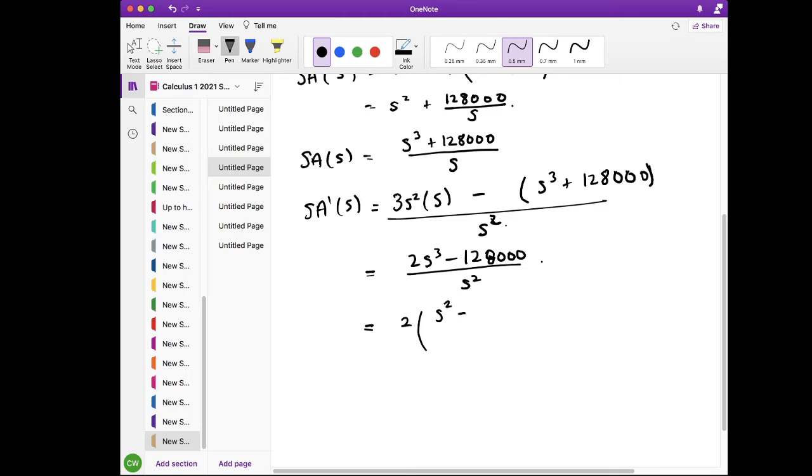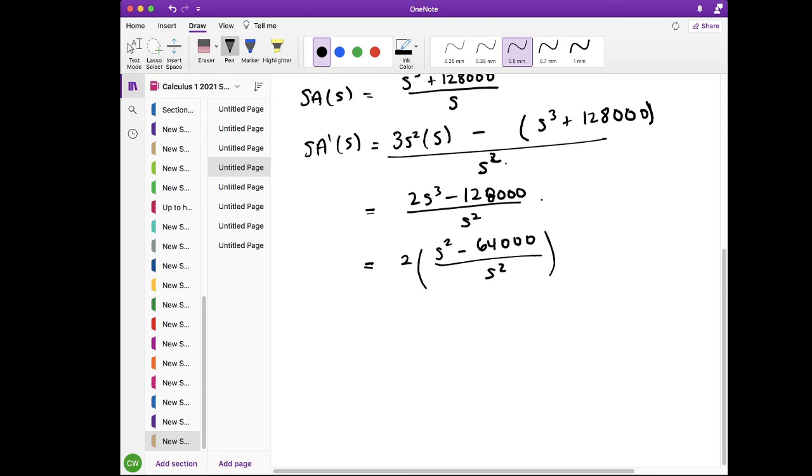What is that? 64? Okay, that's nice. That's a perfect square. So S minus, how many zeros is in this one? No, it's 2. Sorry.